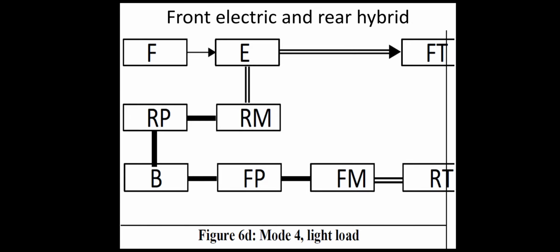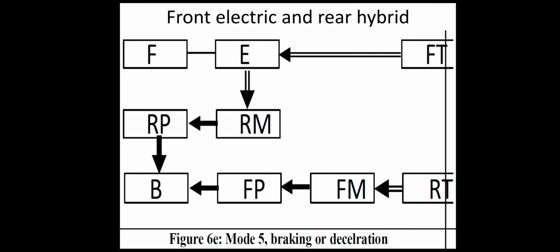During the light load, the IC engine delivers the required traction power to the rear wheels, and the second electric motor and the IC engine are in the shut off mode. So both motors are used here to drive the vehicle.